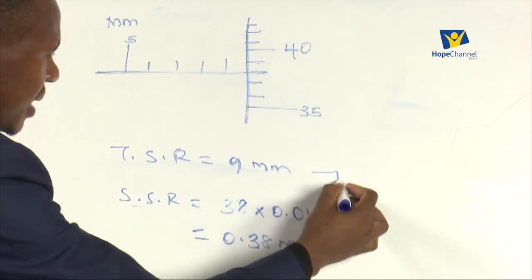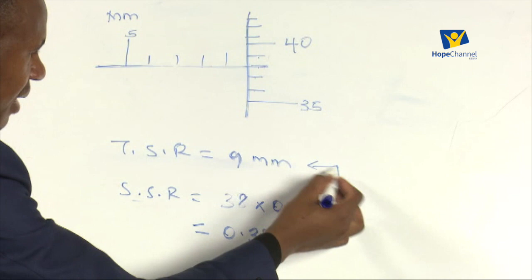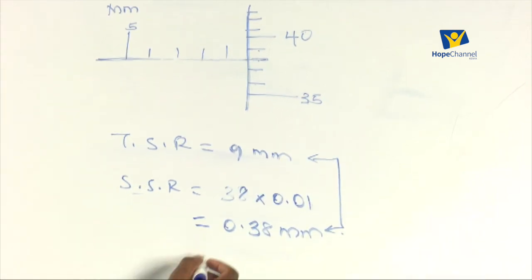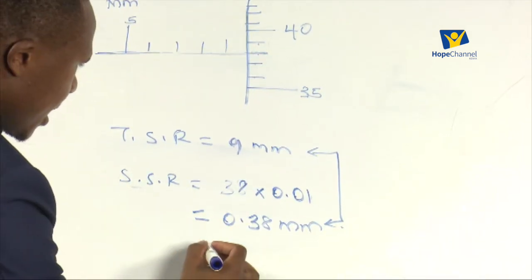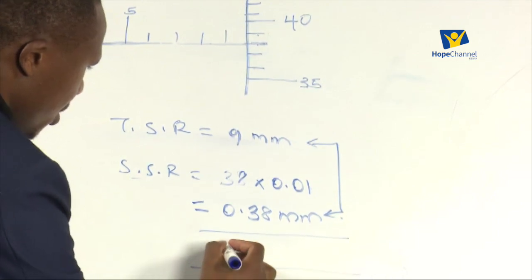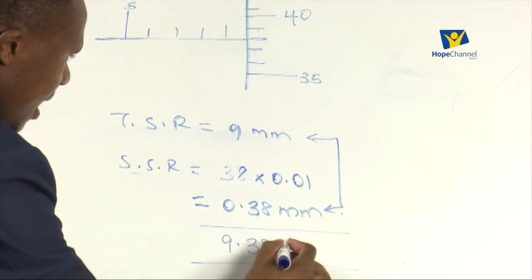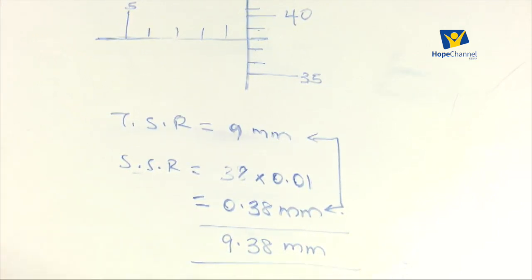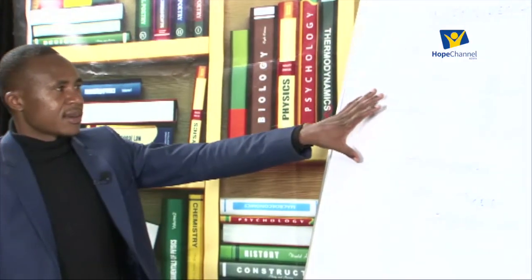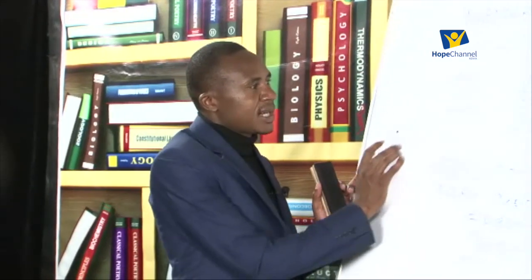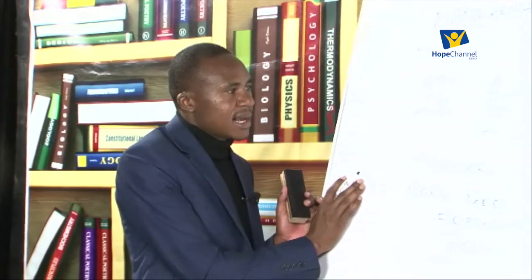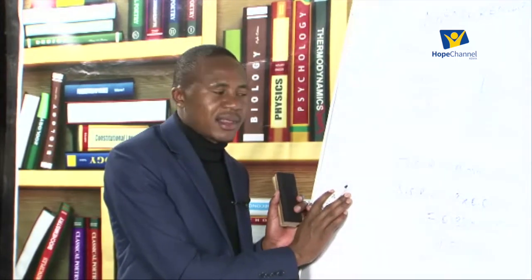We sum the thimble scale reading and the sleeve scale reading. What does it give us? So we have 9 plus 0.38. This will be equal to 9.38 millimeters. That is the reading that is displayed by the scale of the micrometer that we are having here. As a student, it's only for you to know that for the micrometer screw gauge scale, it doesn't have the calibrations like what we have on the meter rule.